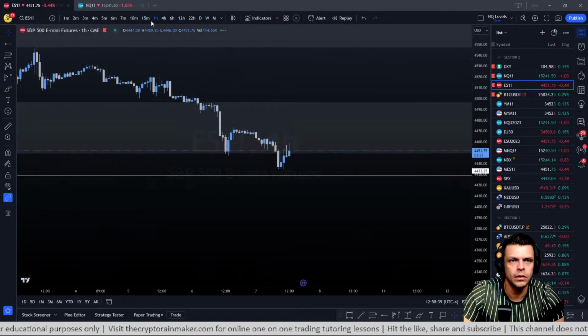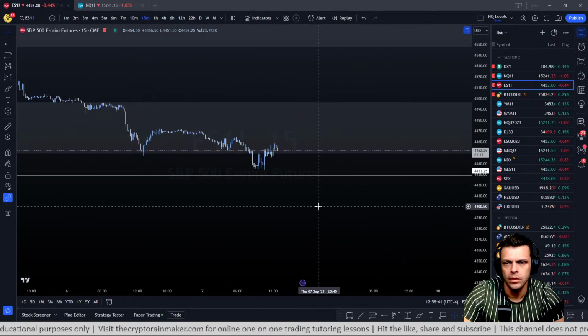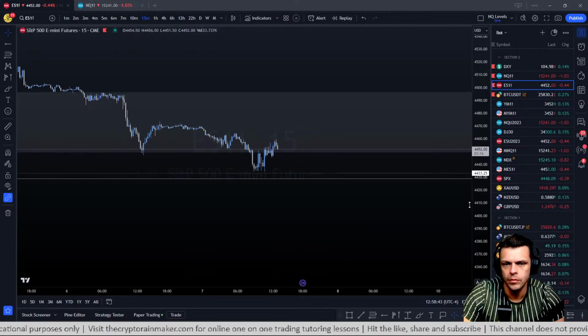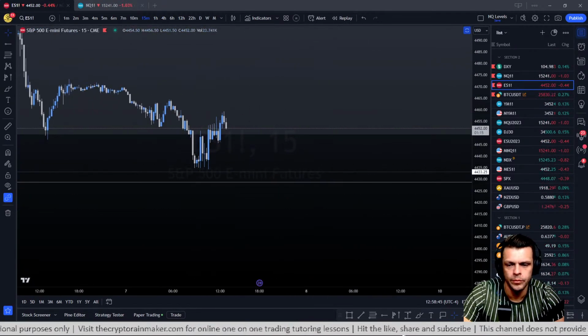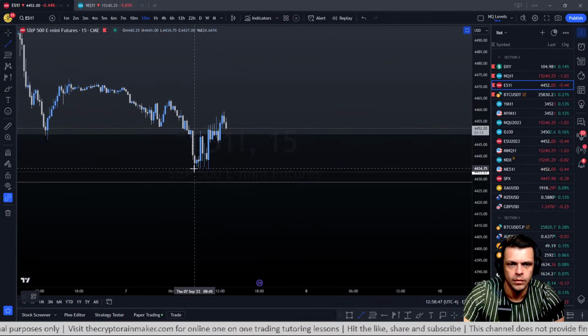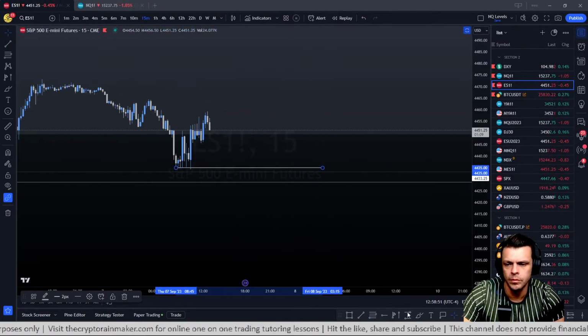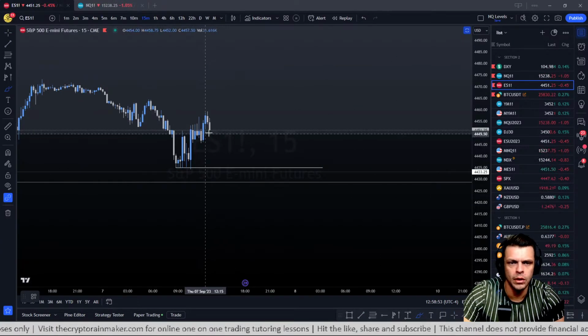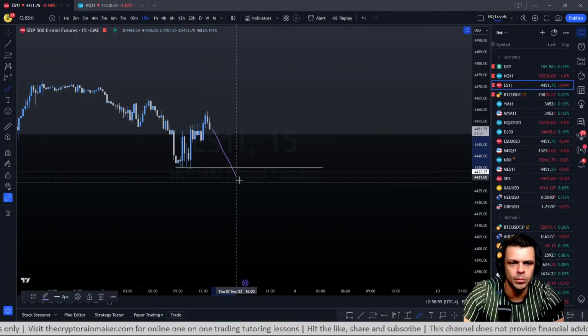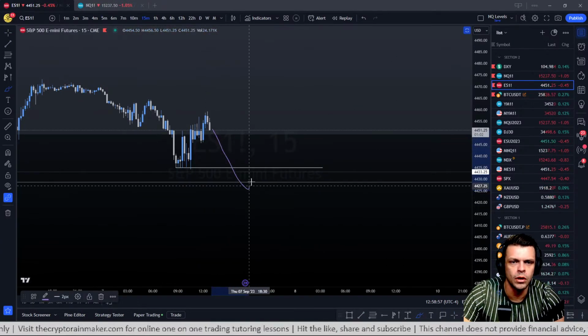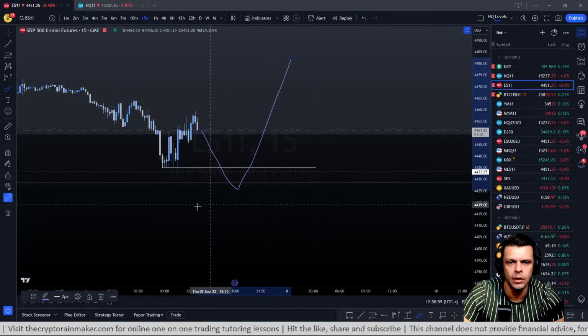So we could see just one more stab in the same right here. So this is just building up long stop losses, right? So ES is giving me the vibe that they will bring it back into this area one more time and then start to move to the upside.